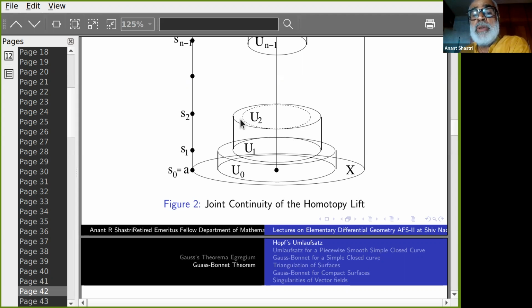Repeat this argument. Each time you may have to reduce the size of the interval, the size of the open subset around the point x naught. The neighborhood may have to be chosen correctly, because the interval on the right hand side keeps changing. See, that is the beauty. The t's are different.